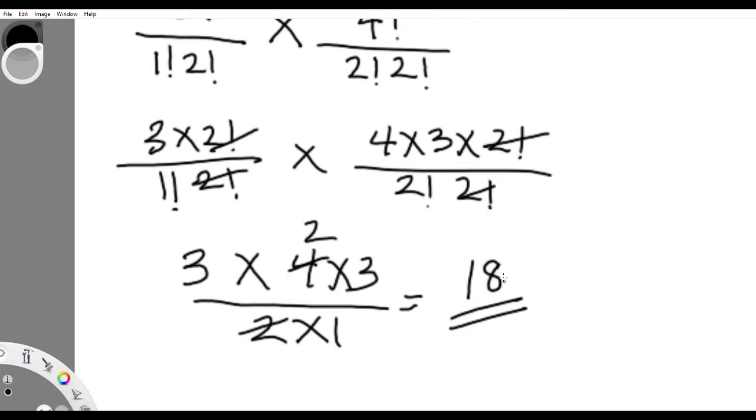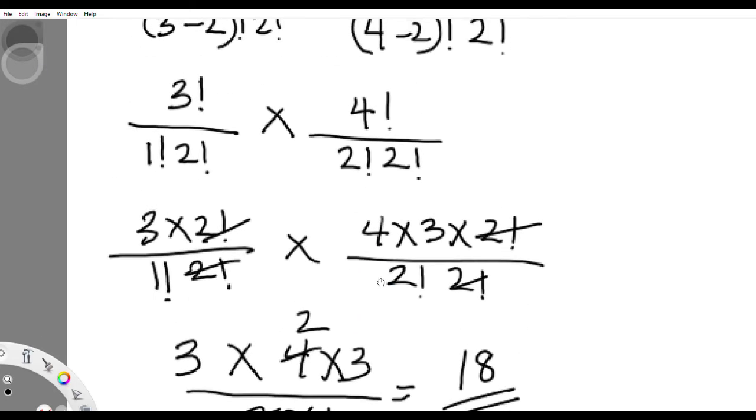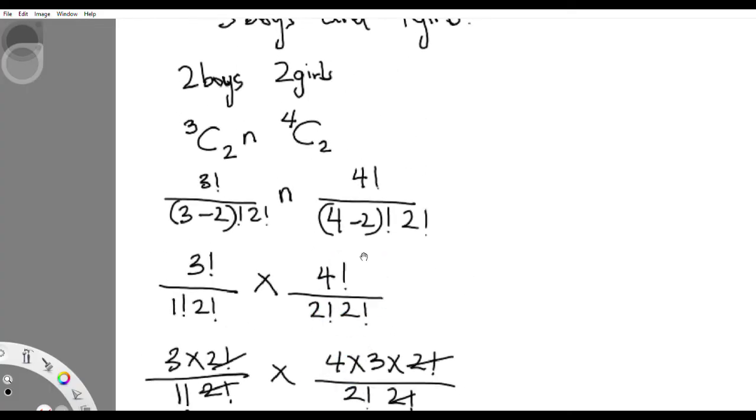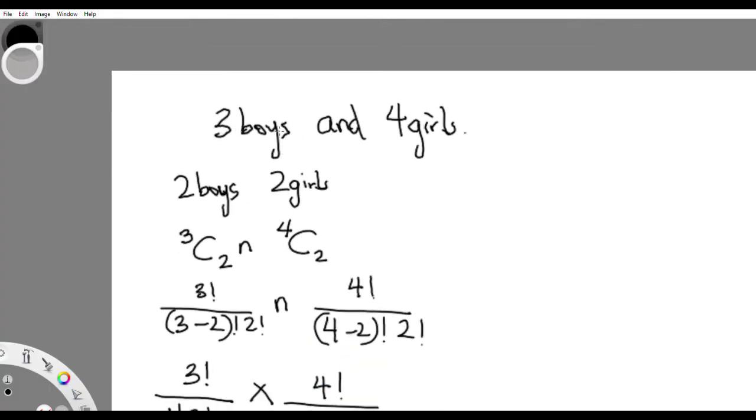So 18 ways, 18 committees of 2 boys, 2 girls can be formed from 3 boys, 4 girls.